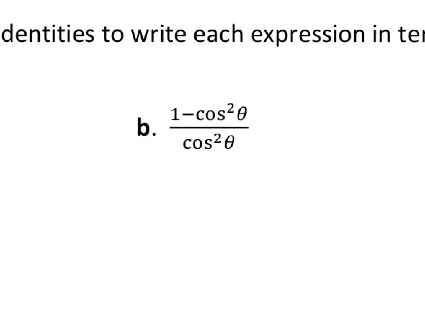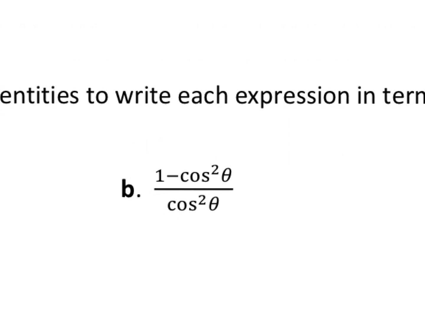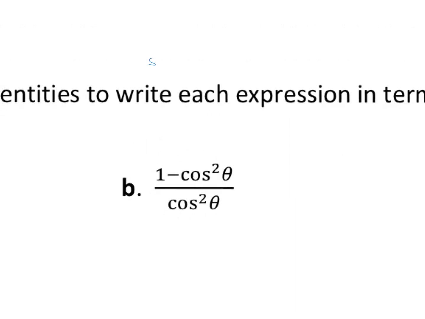Where should my eyes go for the numerator of B? It's a Pythagorean identity. Remember, if a trig function is squared and it's attached to a plus or minus 1, look at your Pythagorean identities. 90% of the time, you're going to use the first one.